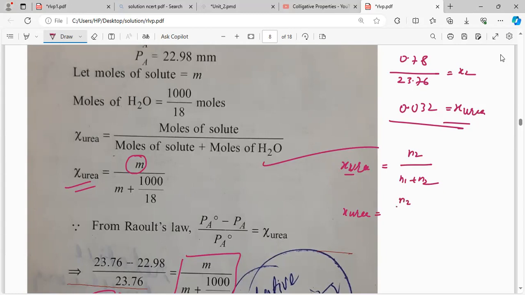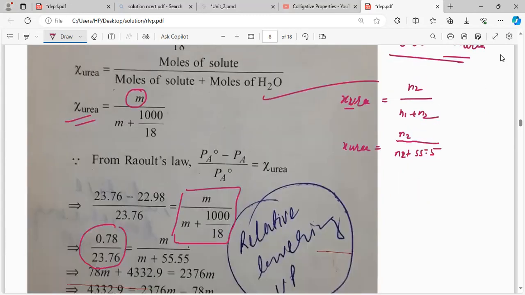Urea number of moles. So let it be N2 only, this value. And here is N1, N2 plus N1. N1 value how much? 55.5 moles of water. It will be the same now.